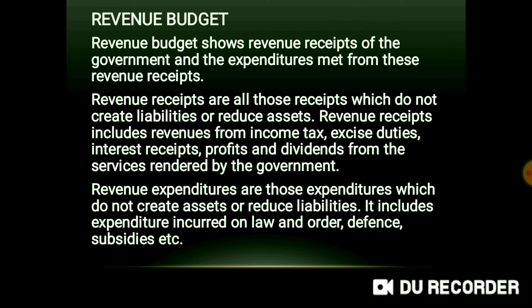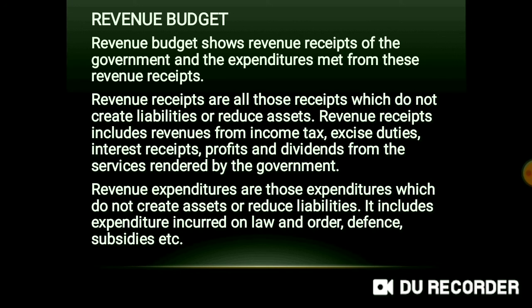Now let us understand another type of budget, that is revenue budget. Revenue budget shows the revenue receipts and the revenue expenditure of the government. Now let us know what we mean by revenue receipts and revenue expenditure. Revenue receipts, or revenue income for the government, are those incomes which do not create any liabilities or reduce assets.